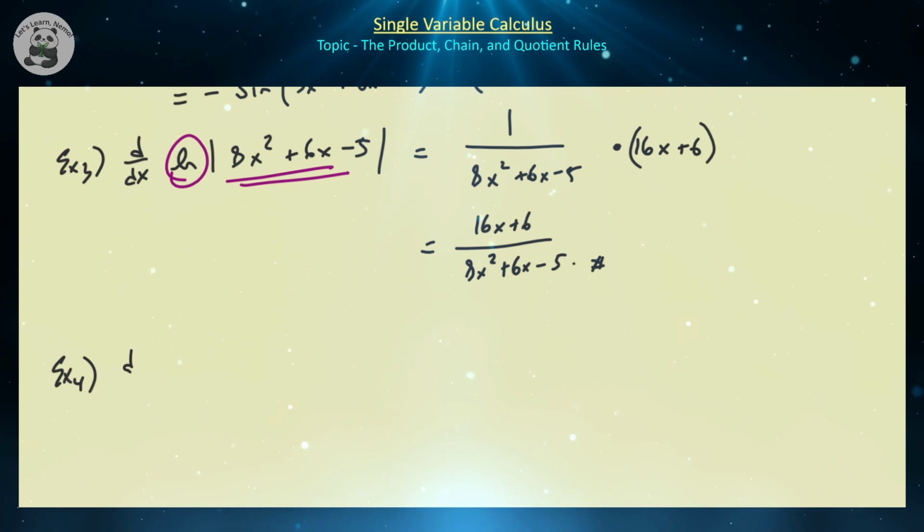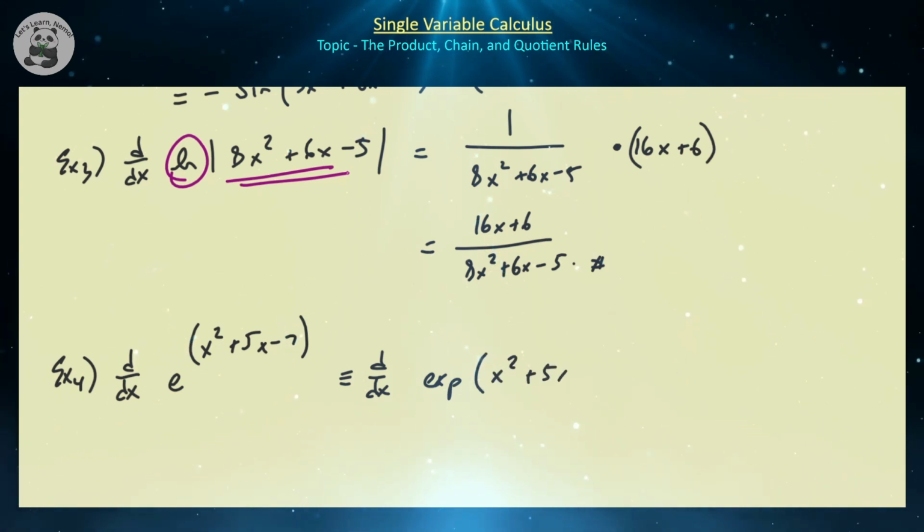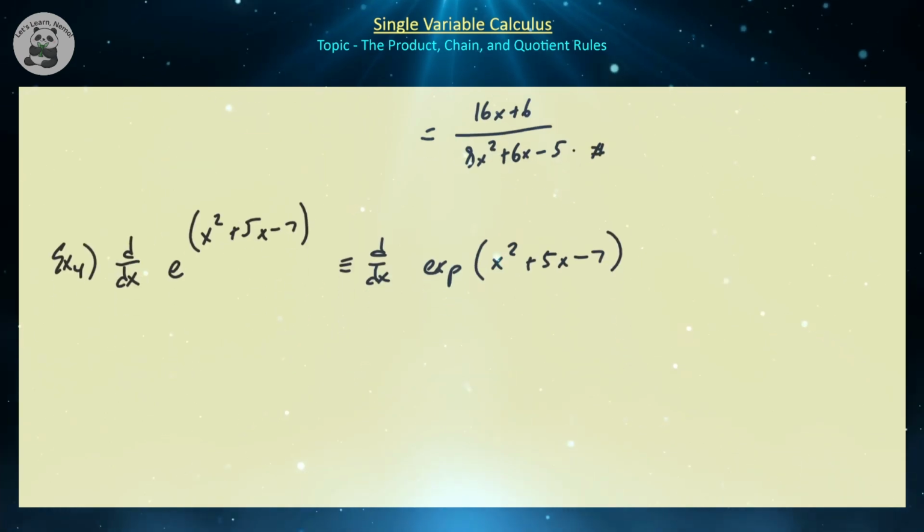Example 4. Suppose we want the derivative of e to the power of x squared plus 5x minus 7. You also may see some people write this as the derivative of exp of x squared plus 5x minus 7. So, what is the exterior function?